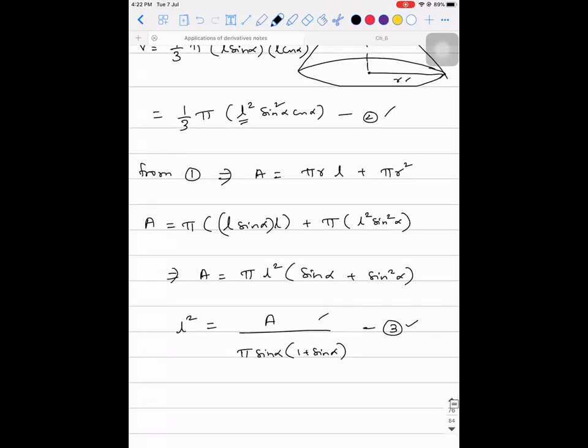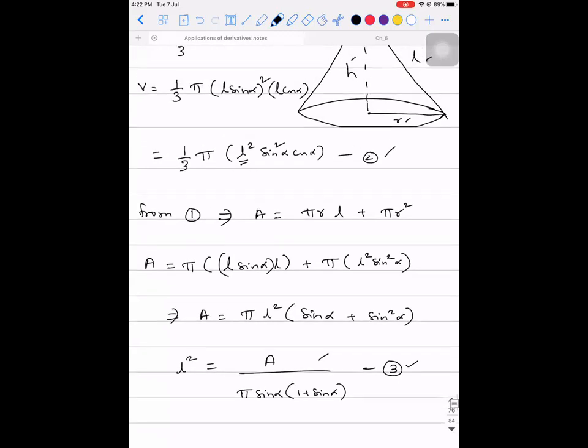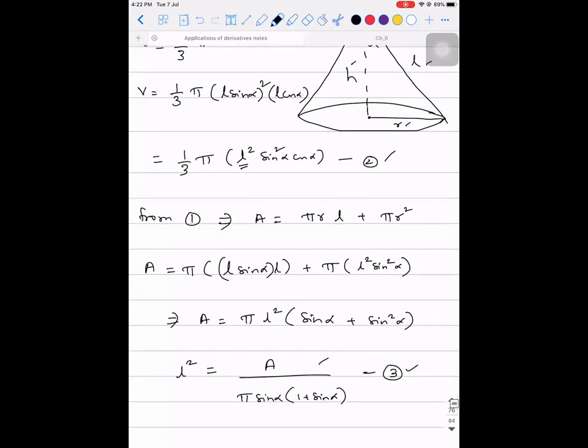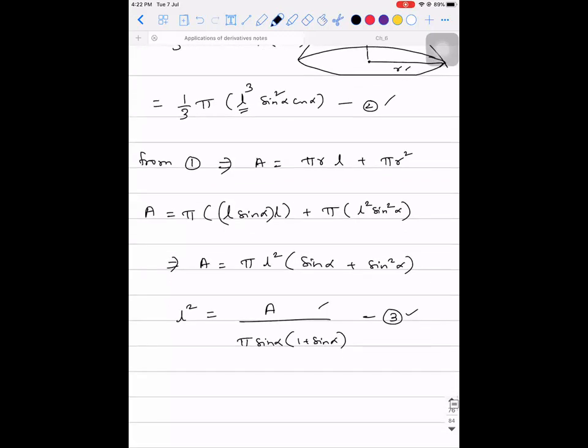Where L cube? 1 by 3 pi L cube sin alpha cos. Yes, sir. Okay. 1 by 3 pi L cube. So L square is this value, means you have to take this as power 1 by 2 and then proceed.